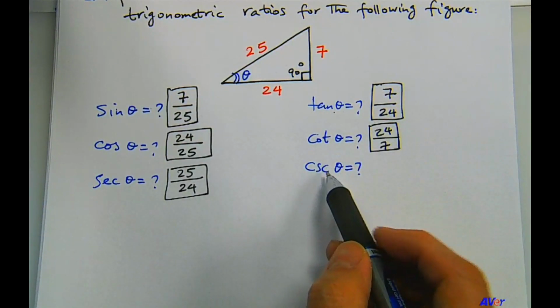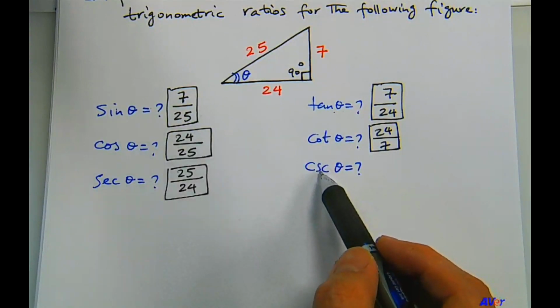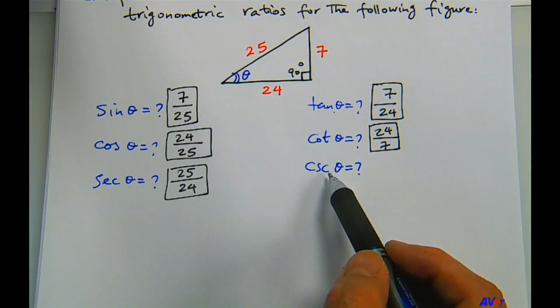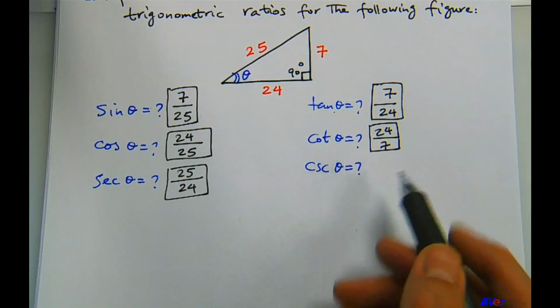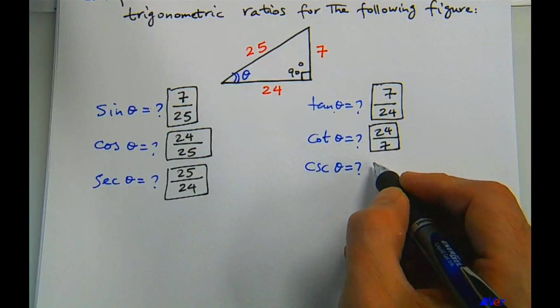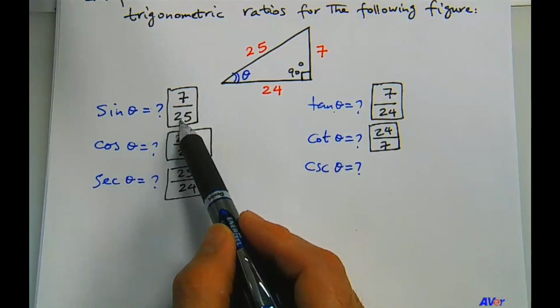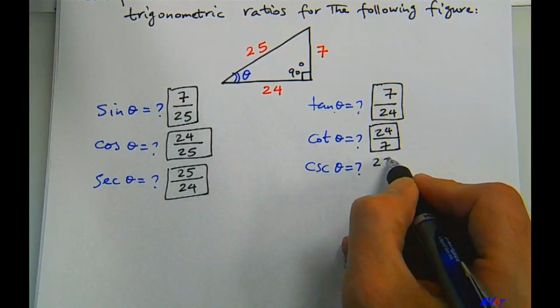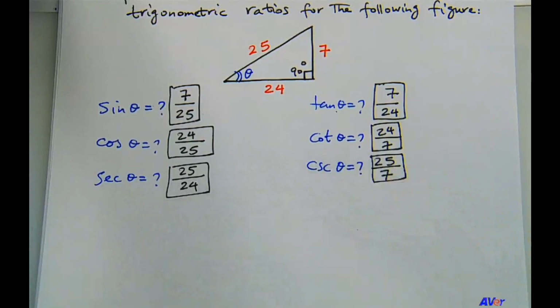And cosecant, do you remember which other trigonometric function was this connected to? If you said sine of x, you are correct. So cosecant of theta is the reciprocal of sine of theta. So for the sine we had 7 over 25, so all we have to do is say 25 over 7, like that.